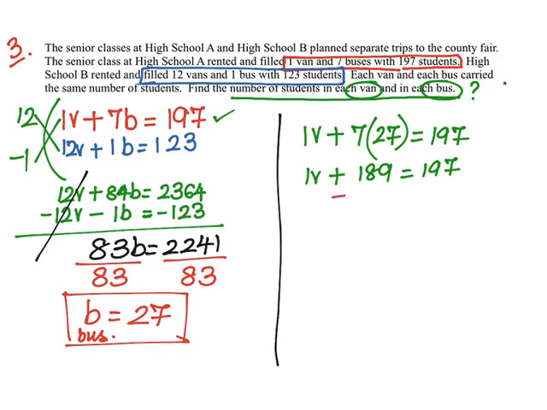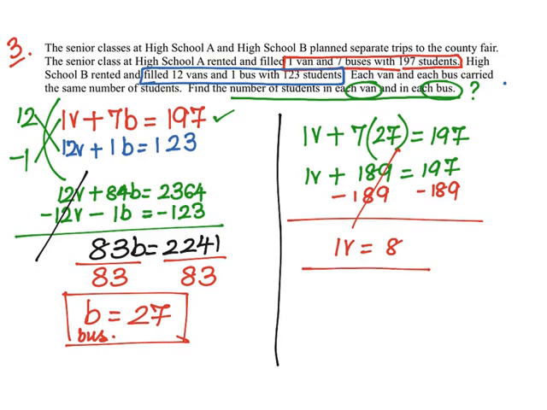Now I subtract 189 from both sides. So 1 van has 8 students. I hope it made some sense. Basically it is showing you a real life application of the concept of systems of equations.